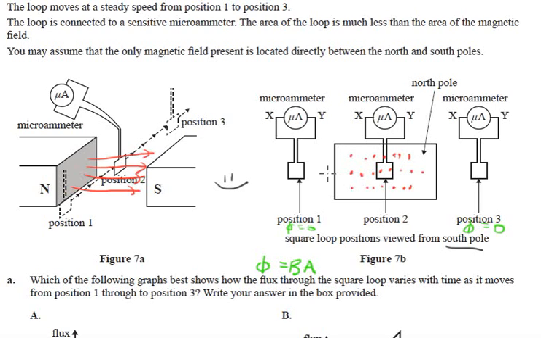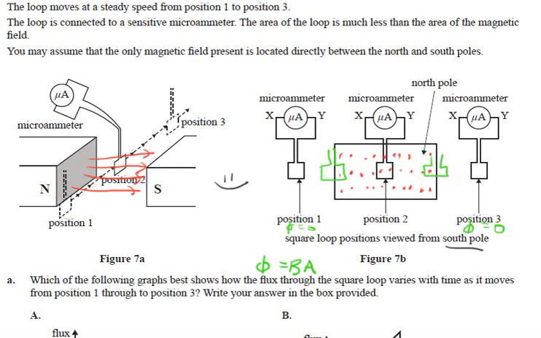Now just to make this easier, think about what the flux is doing in the loop. There's probably half as much flux, and when it's in this position here, again there's half as much flux because these field lines are all the way out here in this box. Okay, so 0, a bit of flux, full amount of flux, a bit less flux, and 0 again.